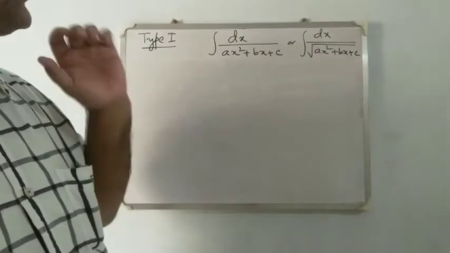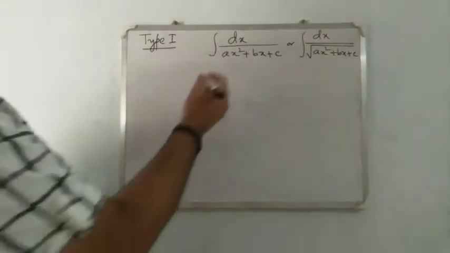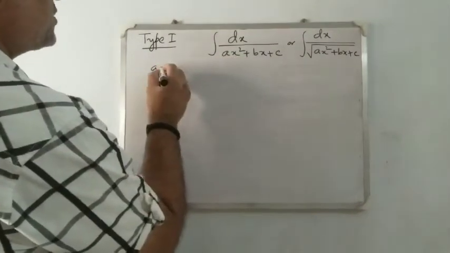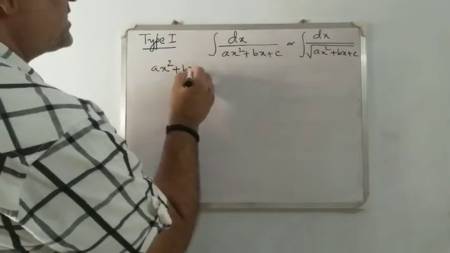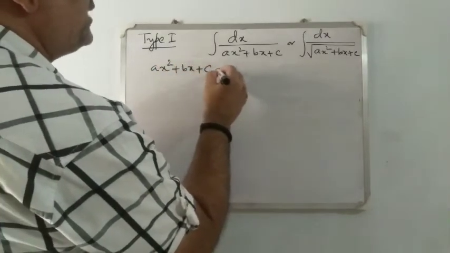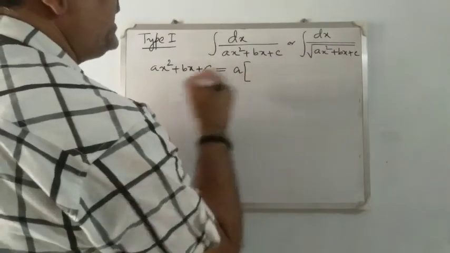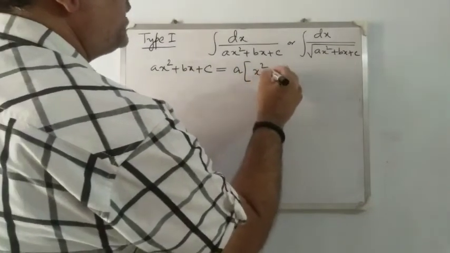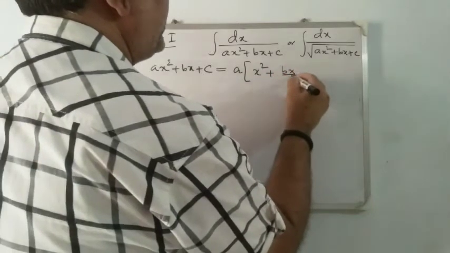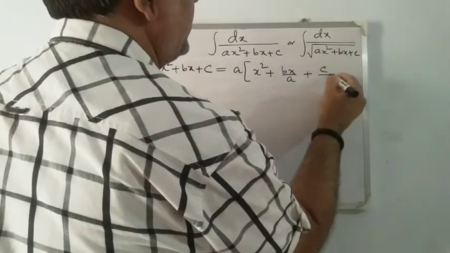Now, to solve such types of integrals, we will try to express ax square plus bx plus c in the form where we take a common. After taking a common, you will get x square plus bx by a, then plus c by a.